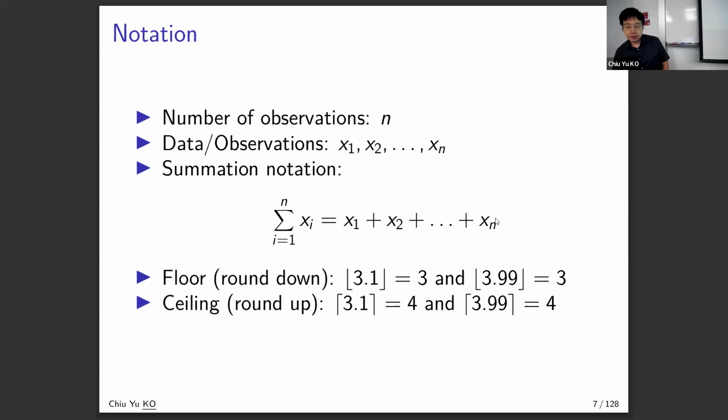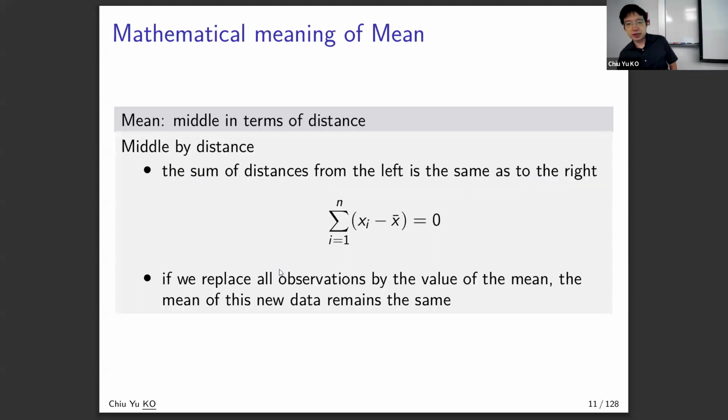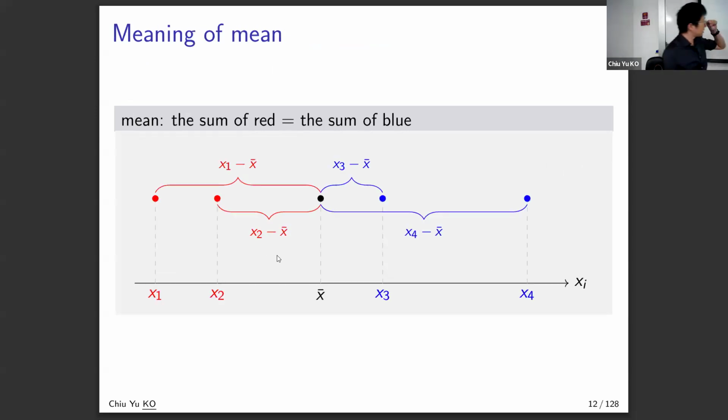And just to remind you once more, what is the mean? Mean is adding up, divided by n. Do note that it's the center by distance. So for this method to make sense, the distance must make sense. Otherwise, the centrality is an issue.